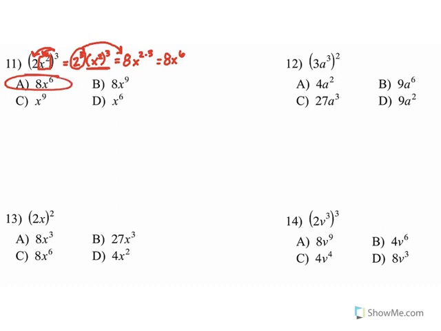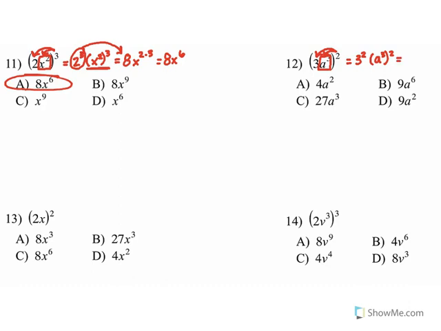Let's do another one. So I need to distribute my exponent. Remember, the second piece we're going to keep in parentheses. So we're going to have 3 squared, and then A to the third, and then squared. So each of those got the exponent of 2 with them.